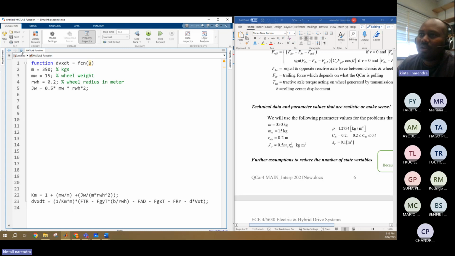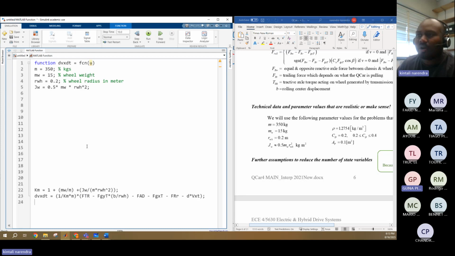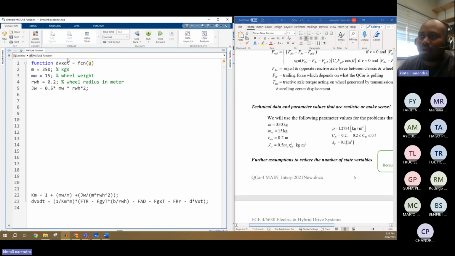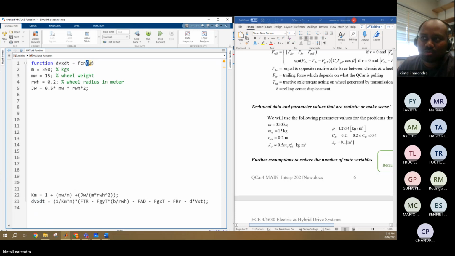See here you have drawn a MATLAB function block. Now this function has inputs and outputs. The output you defined as dvx by dt, and you defined what dvx by dt is. But you didn't define what the inputs are. That's why it is showing u.